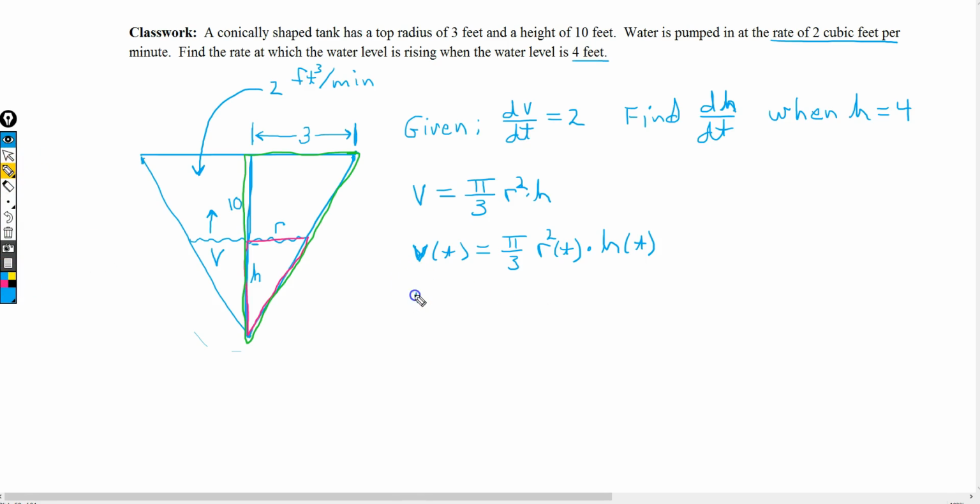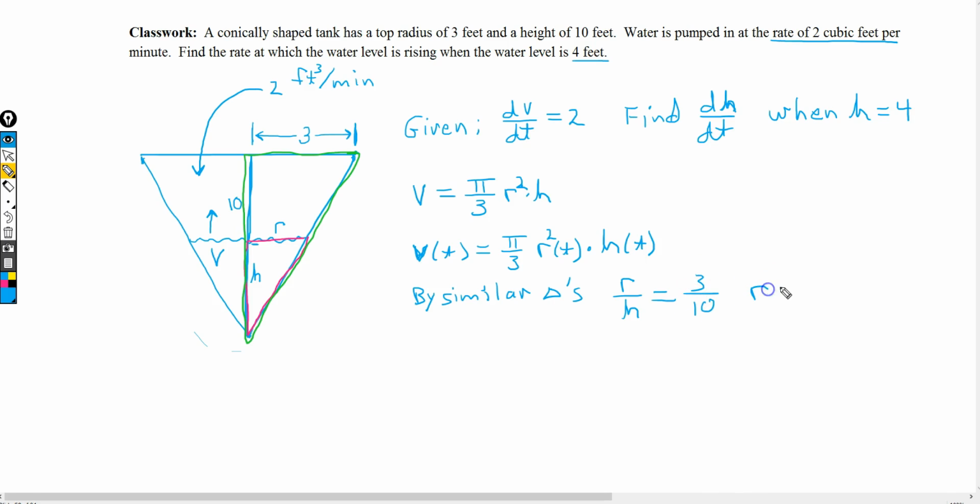So by similar triangles, we see that r over h equals 3 over 10.